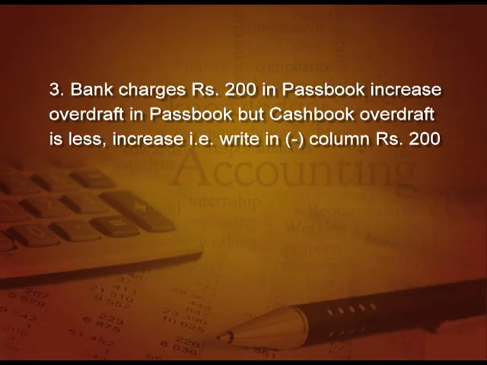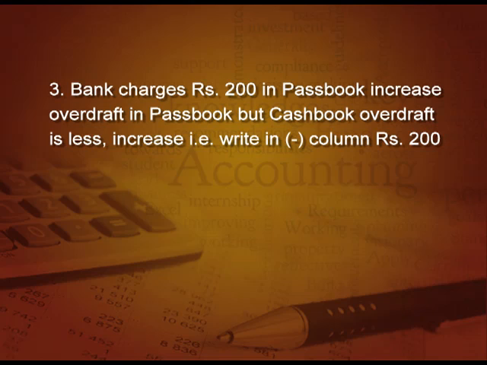Bank charges 200 in passbook has increased the overdraft in passbook, but cash book overdraft is less. We have started with cash book overdraft, so we have to increase the cash book overdraft, that is write in minus column 200. So, this will increase the overdraft.